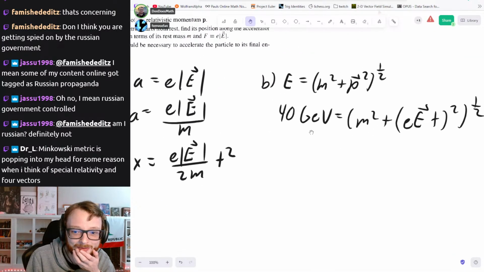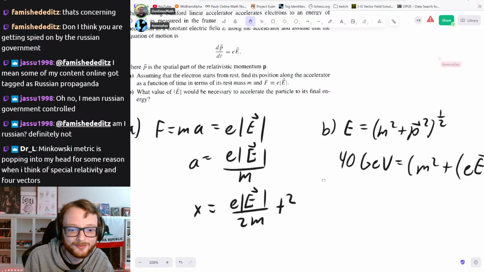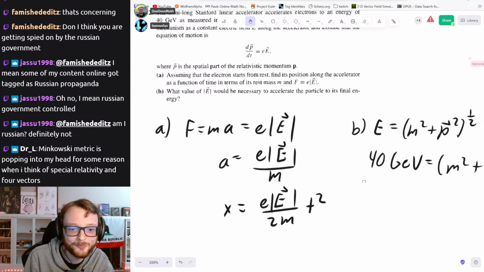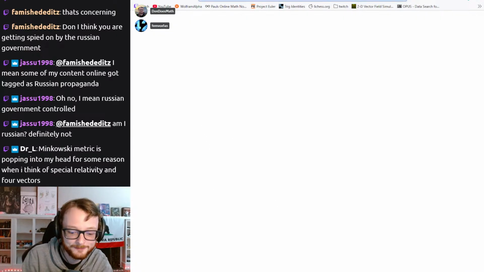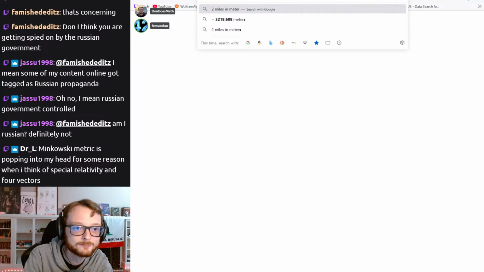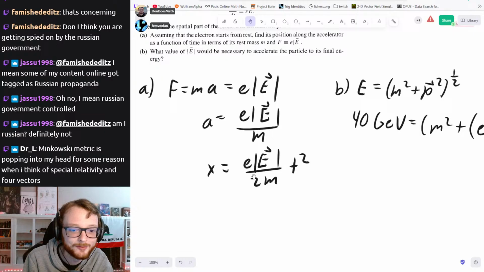But we should be able to know what T is, I think, because I assume T is whenever it gets to the end of the 2 mile long thing. Yeah. We can call it 3,200 meters.